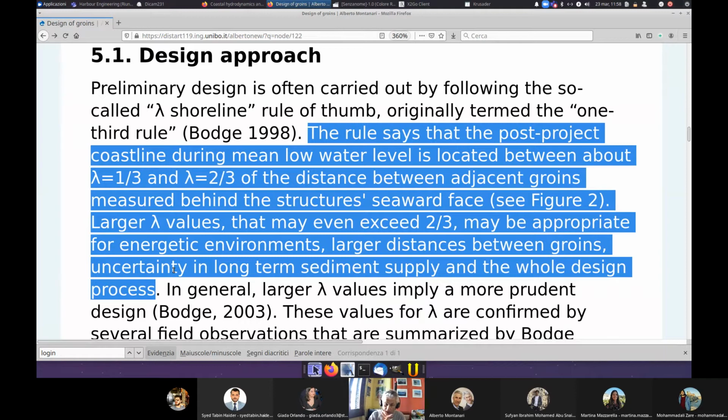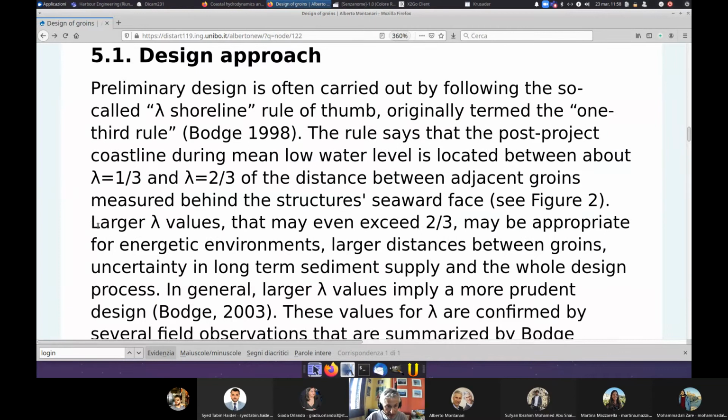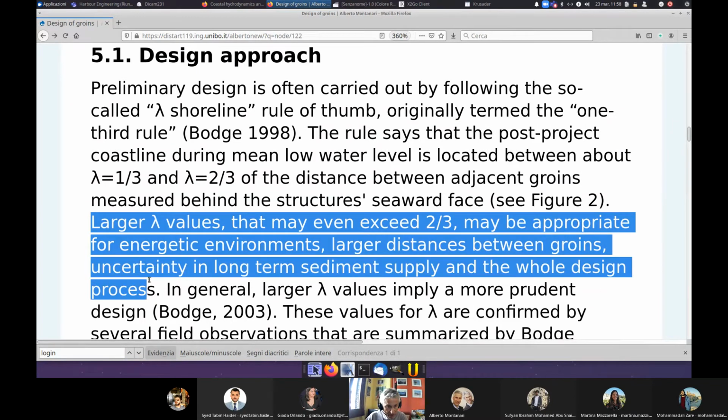So, what is it meant to say here? You see criteria for moving into the range of lambda between 1/3 and 2/3. The characteristic that you have to look at are energetic environments. Energetic means that you have a lot of energy in the waves, so you have a larger erosion potential.